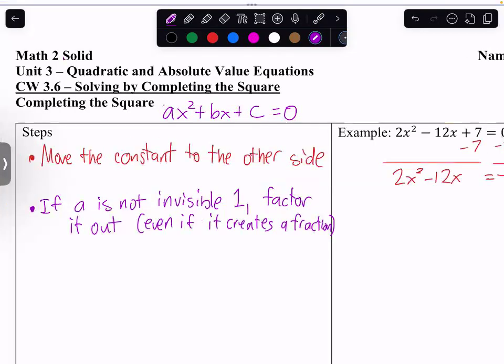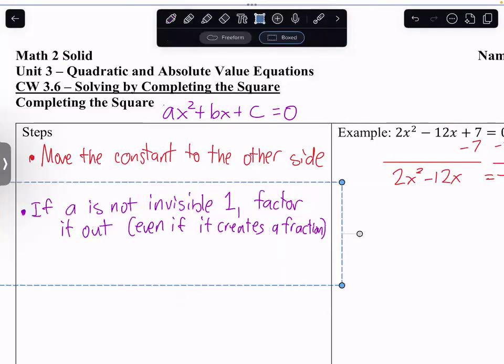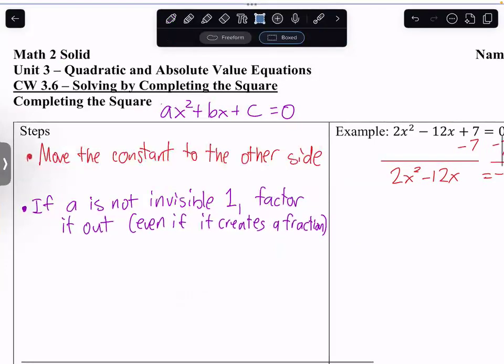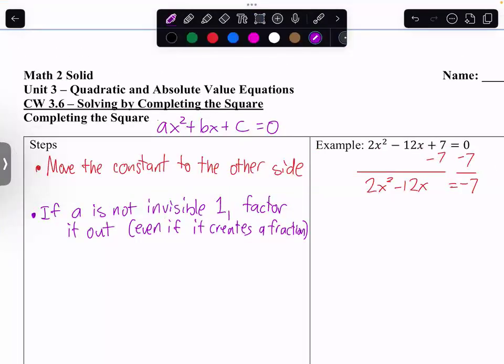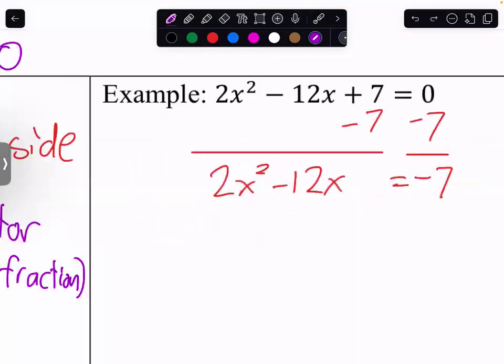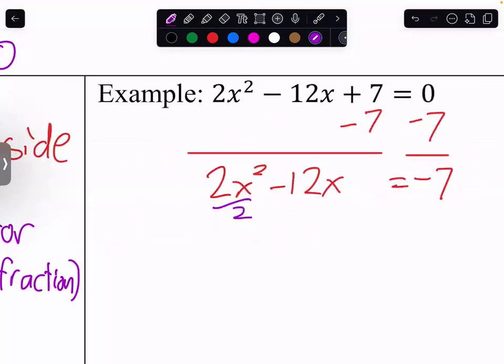This first example won't have a fraction yet, but in future problems we might. For this problem, a is not an invisible 1, it's a 2. So we do need to take the 2 out. You bring the 2 out front.